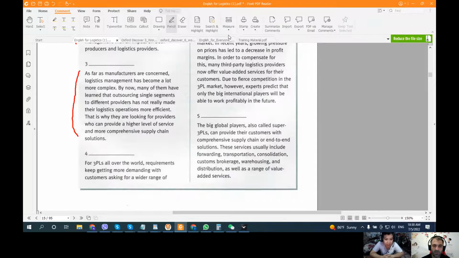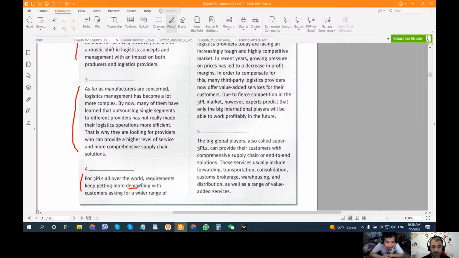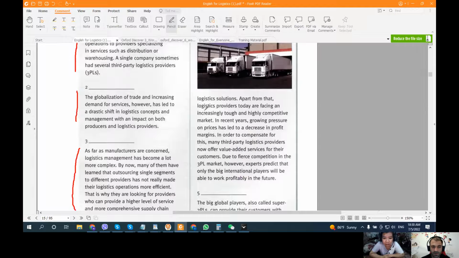Now, can you please read this number 4? 3PLs all over the world keep getting more demands from customers asking for a wider range of logistic solutions. Apart from that, logistic providers today are facing an increasingly tough and highly competitive market.